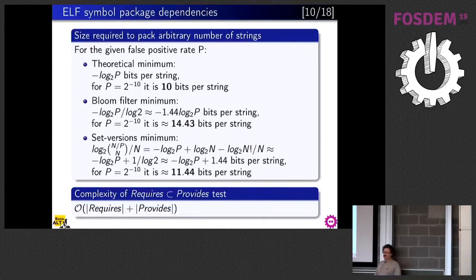The theoretical minimum plus an addition of 1.5, which is like 3 bits better per string than the classic Bloom filter. And the complexity of this is very good. It's big O of the size of requires and provides, and because requires and provides don't depend on the length of symbol names, it's really good.